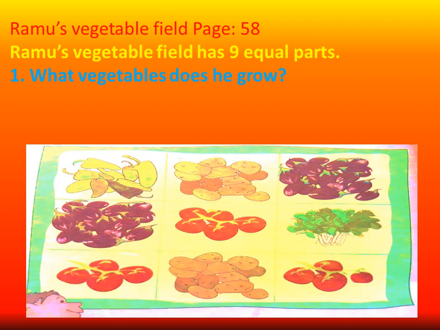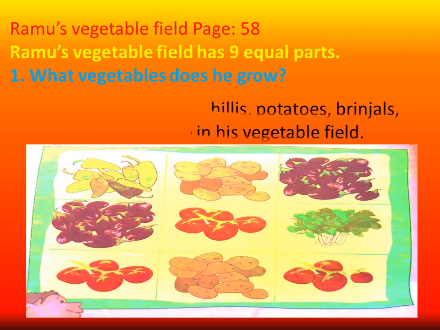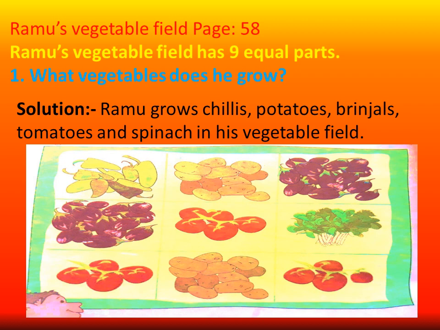Which vegetables can you see? The vegetables are chilies, potatoes, brinjals, tomatoes and spinach in his vegetable field. So these are the vegetables which he grew.